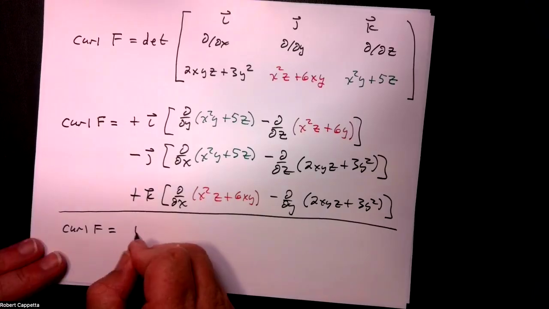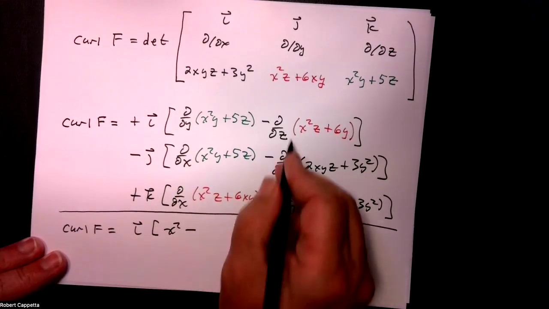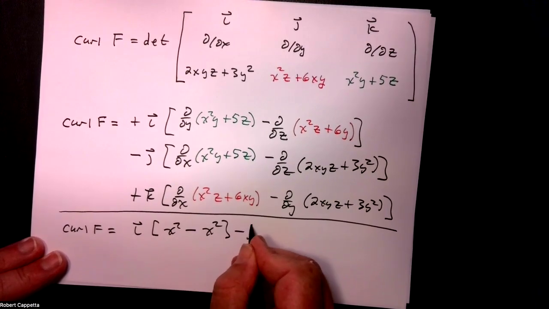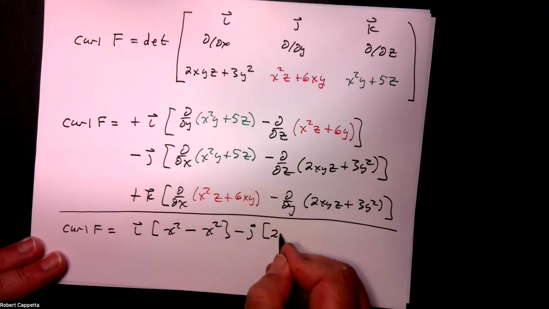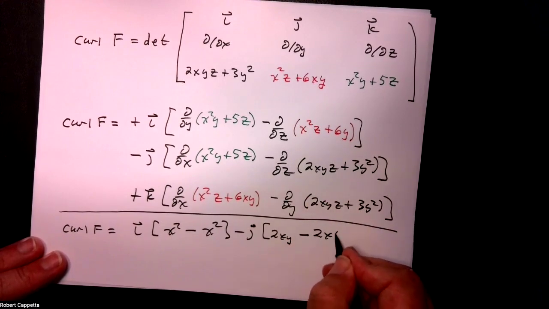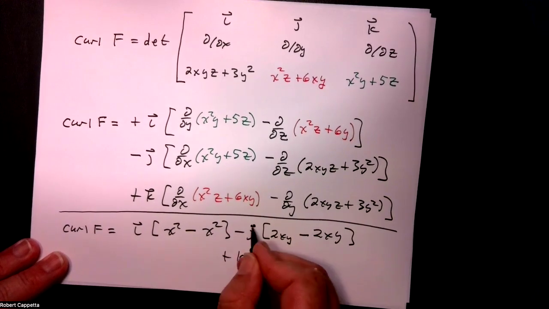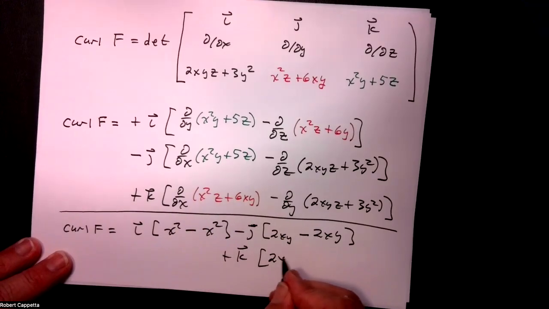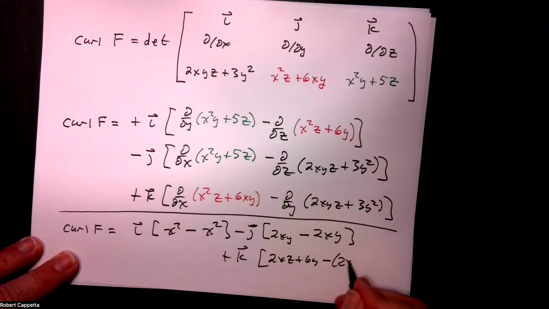Curl F equals i times, with respect to y, x squared, minus with respect to z, x squared, so that's 0, minus j times, with respect to x, 2xy, minus with respect to z, 2xy, so that's 0, plus k times, with respect to x, 2xz plus 6y, minus 2xz plus 6y.